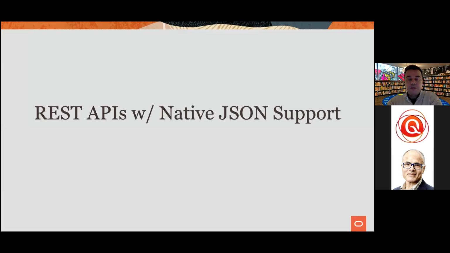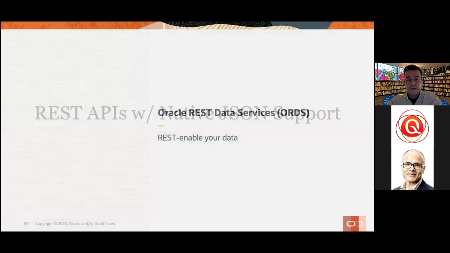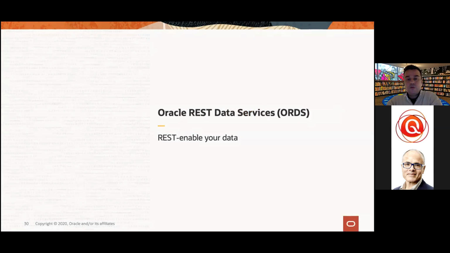And let's talk a little bit more about REST APIs and about using the native JSON support. So what is Oracle REST Data Services? I was mentioning it before, because this comes with the Oracle Application Express by default.